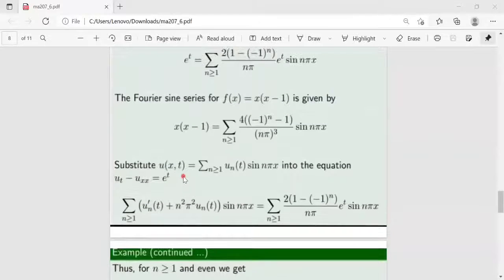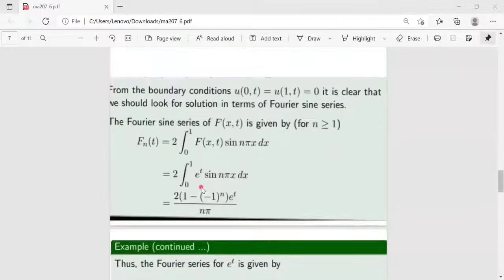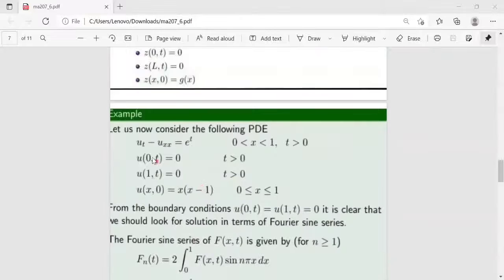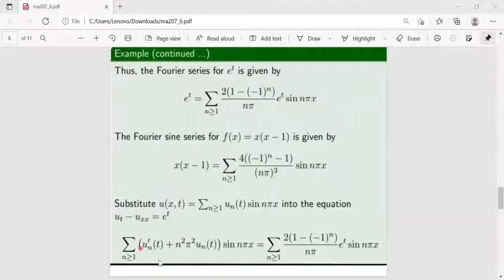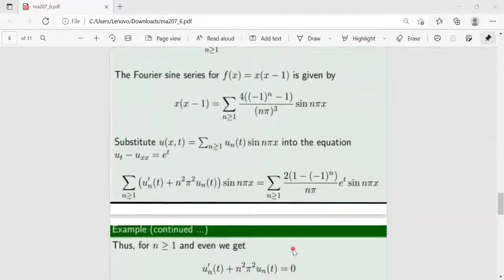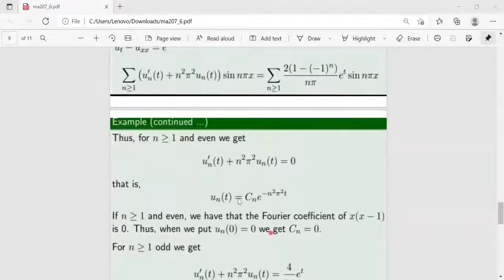Afterwards, if you use the substitution that u of x comma t is a sine type of function, then we will get this formula equal to the Fourier series of e to the power t. Next, if we equate on both sides, we will get this, and u_n of t is given here.